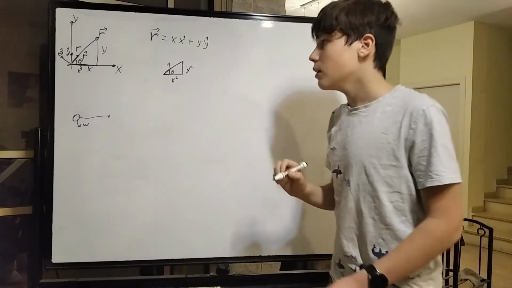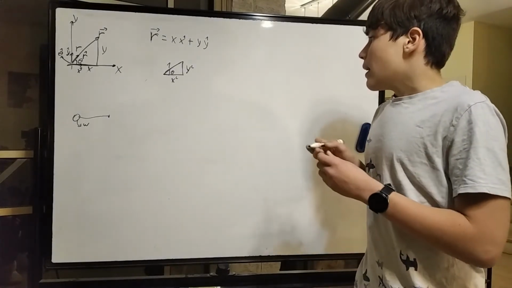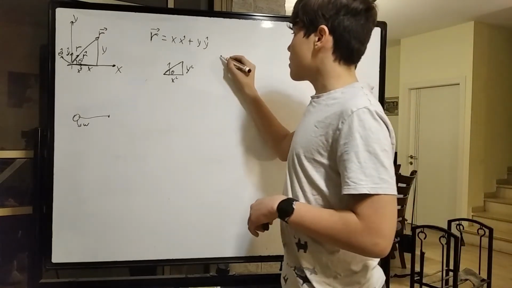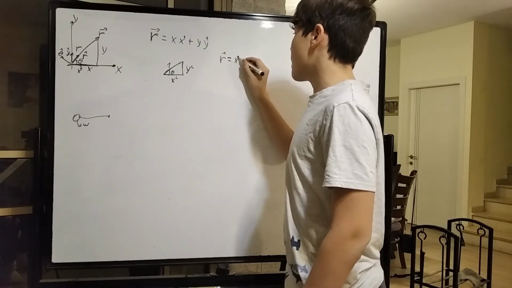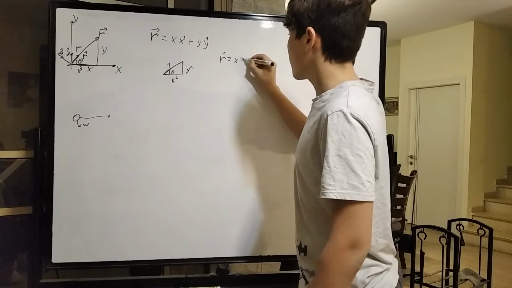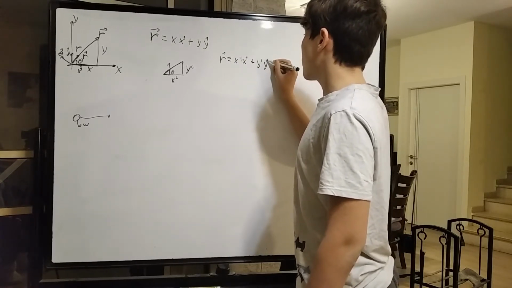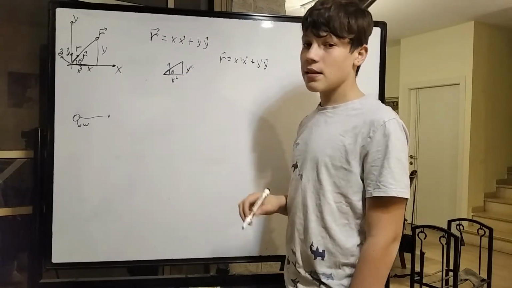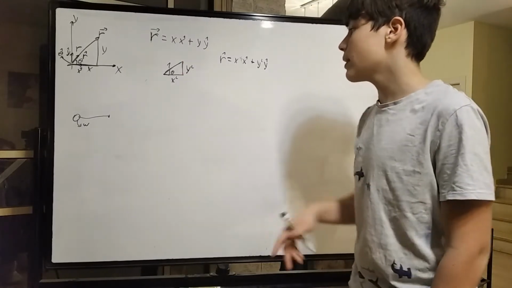Now we know that r hat is x prime x hat plus y prime y hat, because this is in the direction of x hat and this is in the direction of y hat.